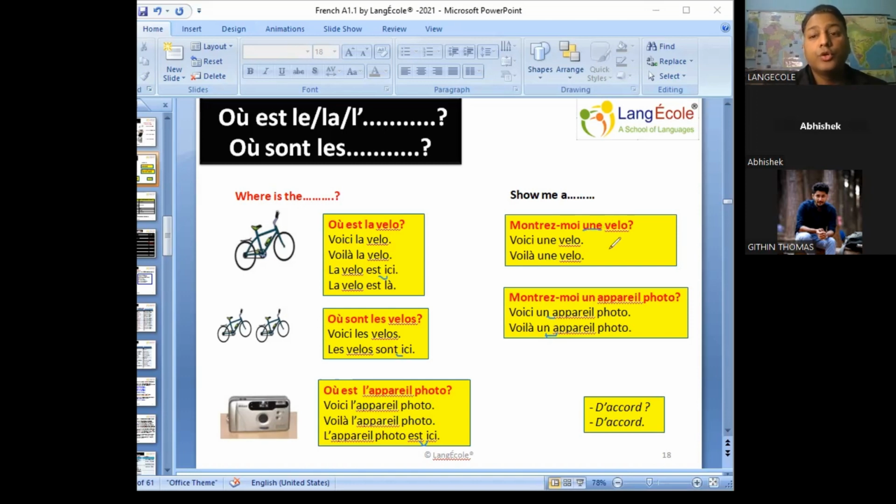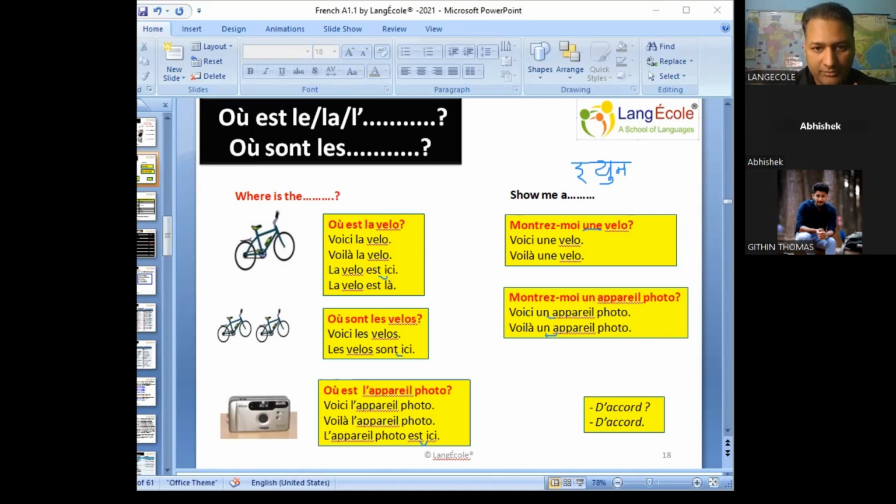Un vélo. Not une, un. Montrez-moi un vélo. Okay?